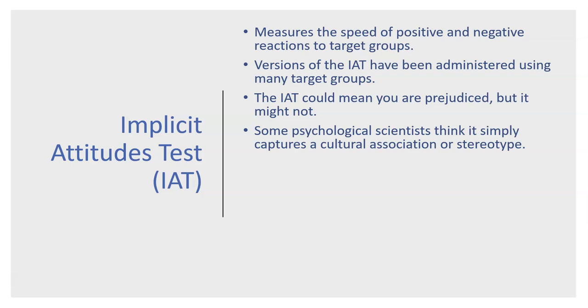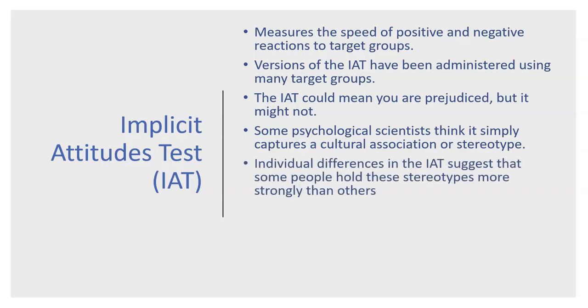What are some of the ways that we can access these chronically accessible thoughts that people are unaware they actually have? And that's a really tricky thing to do. Research shows us that individual differences, so comparing people with other people in the IAT, suggests that some people hold stereotypes more strongly than others.